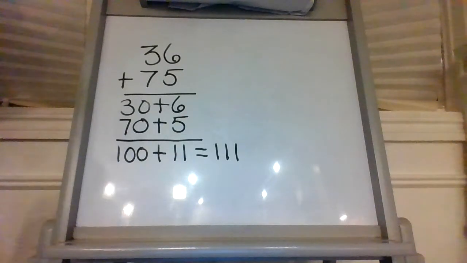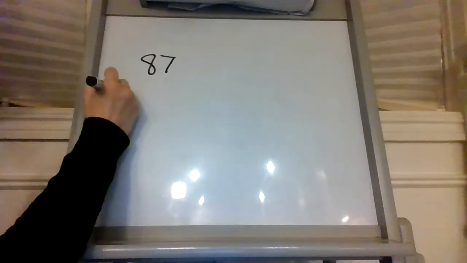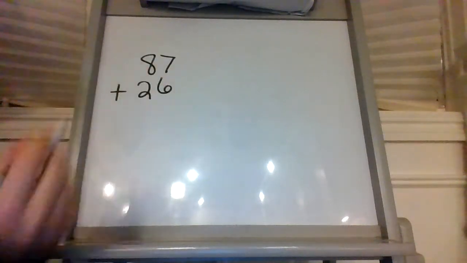Let's try another example. The more examples you see, you start to realize, oh, okay, I think I get it. So I'm going to show you another one. 87 plus 26.